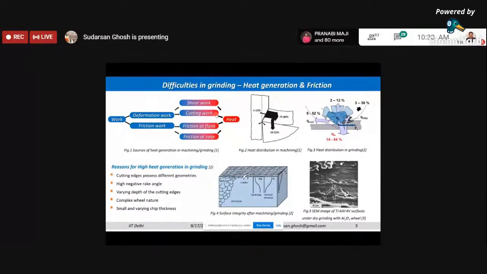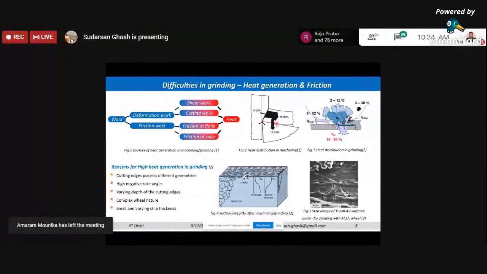The only thing which we can do is, for the heat generated because of this shearing or deformation process, if we can have some external means like metalworking fluids to take away that heat, then it will be beneficial. Now coming to the friction part, we can play with the rake surface and the flank surface.